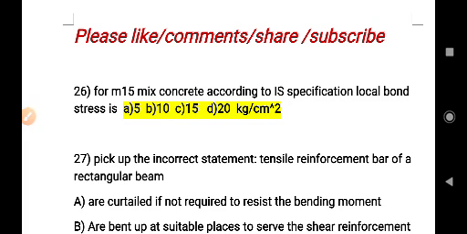Question number 26. For M15 mix concrete according to IS specification, the local bond stress is... According to ISI, for M15 mix, a safe value of local bond stress is 10 kg per centimeter square. So option B is correct.